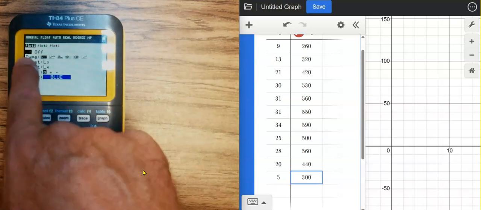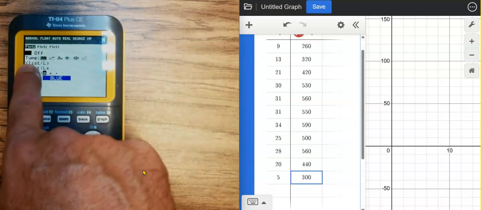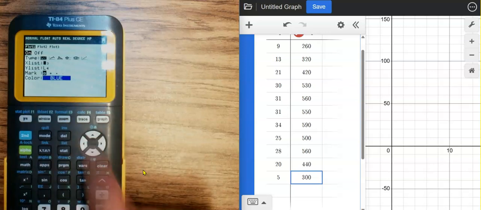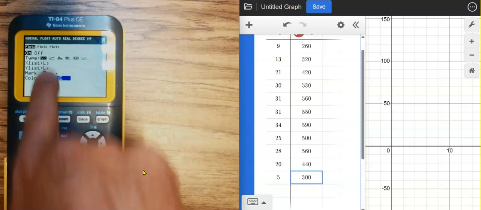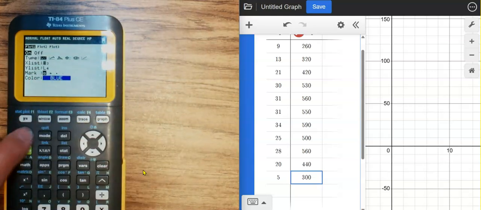When we get into the scatter plot situation, we want to turn one of them on, and we want to make sure that the lists, I like to use the first one where the dots are scattered, and I'm going to change my list to list 1. I can do that by right above the number 1 on the keypad, so second.